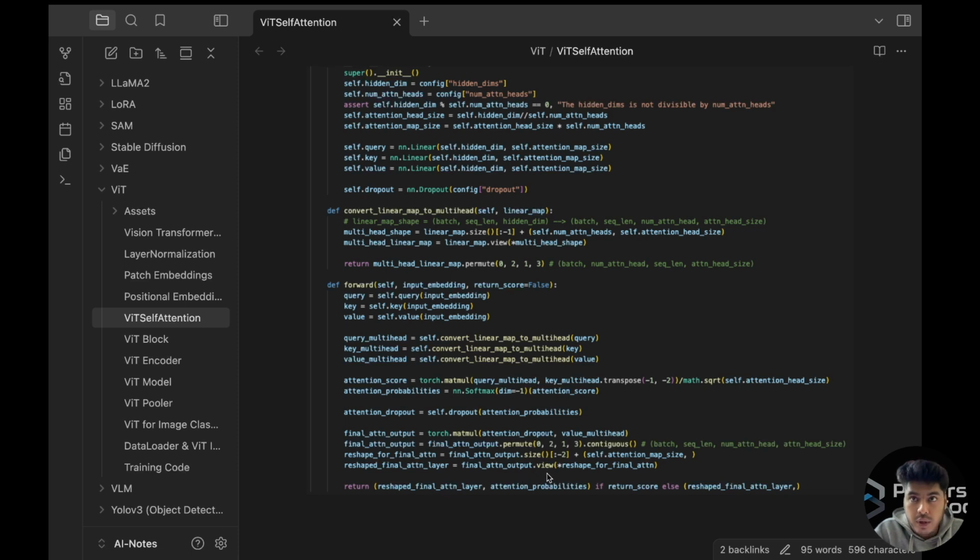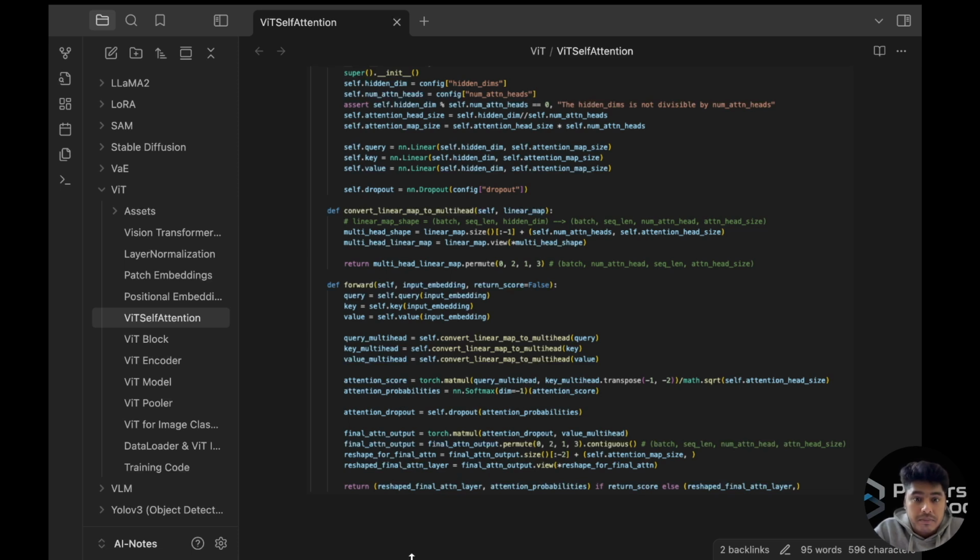Eventually we do a dot view here, and the dot view function requires the values to be contiguous. So by putting dot contiguous here, in case the values were not contiguous, that is when we do something like permute or any of these functions that have made the value not contiguous, we just convert it back to a contiguous value.